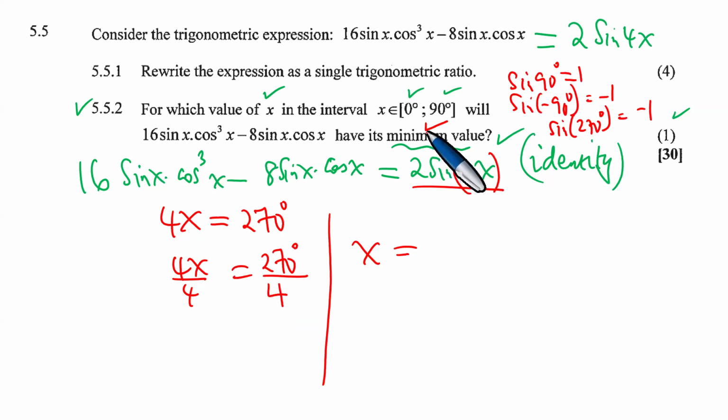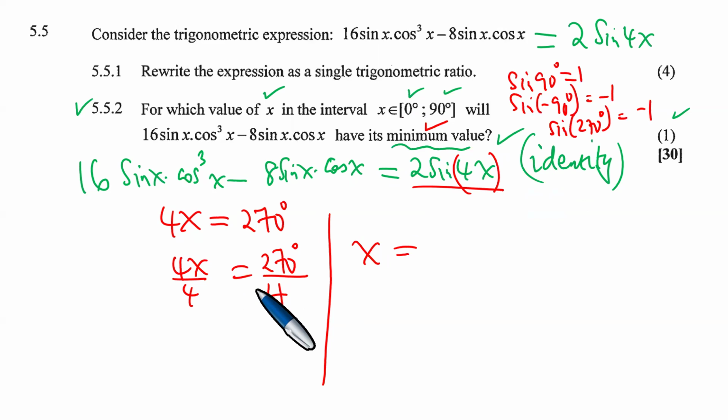Yes, it is outside. But remember, we must divide by 4. That is why the examiner put it between 0 and 90. We must divide by 4 here. If we suggest therefore that this 4x can be 270, because 270 is a positive angle, and therefore divide by 4, we're going to have 270 divided by 4.